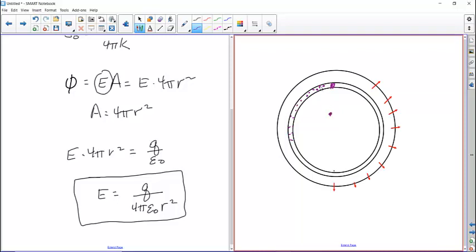In this case, this electron would have an electric field going like this, and this electron here would have an electric field going like that. The ones that are closer are going to give you a larger electric field than the ones that are further away. So this little tiny electric field going this direction is not going to be as big as the one which is closer to this wall.